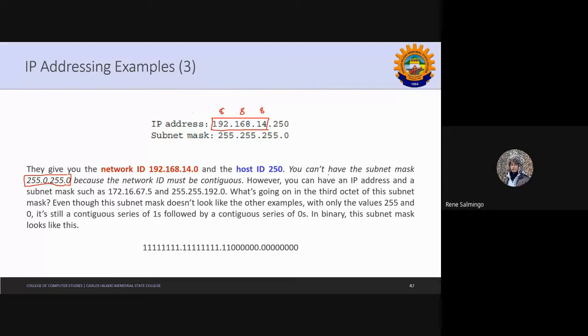It's still a contiguous series of ones followed by a contiguous series of 0s. So the subnet mask looks like this. This one is equivalent to this subnet mask. So this is 192, and this is 255, and this 255. So this has a contiguous series of ones and zeros, but this one is not allowed.